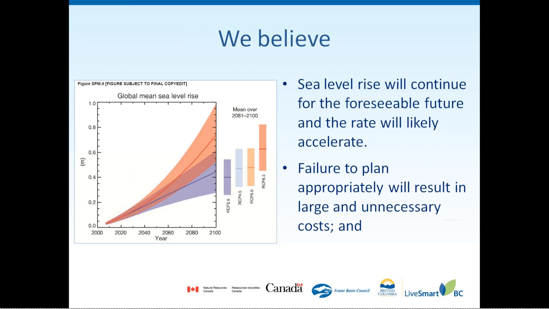Our view from both of those is that it is reasonable and prudent to expect more sea level rise and to expect a rate that is faster than what we have observed in the 20th century, which amounted to about 20 centimeters from 1900 to 2000.